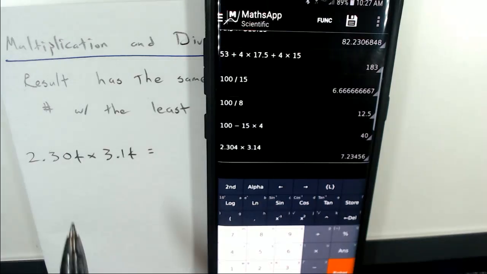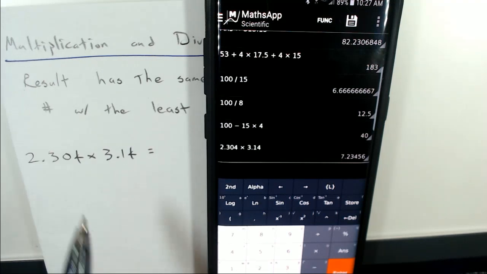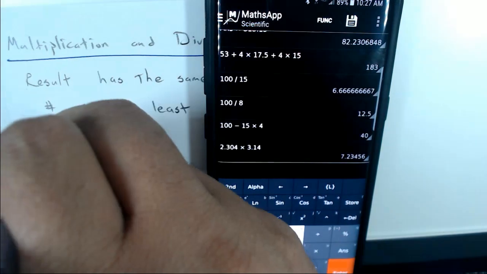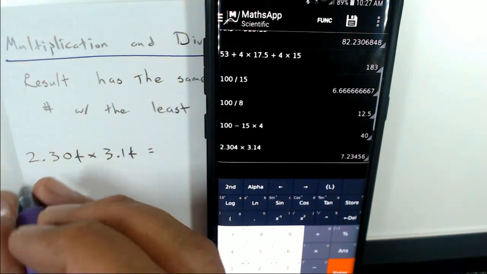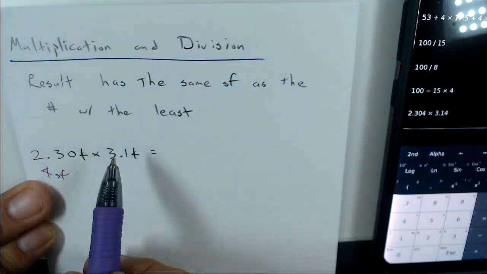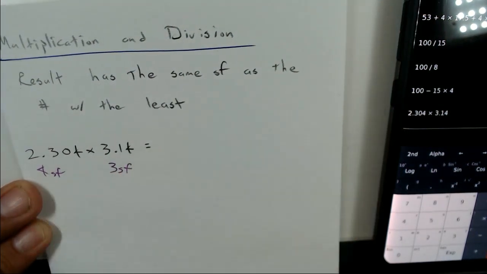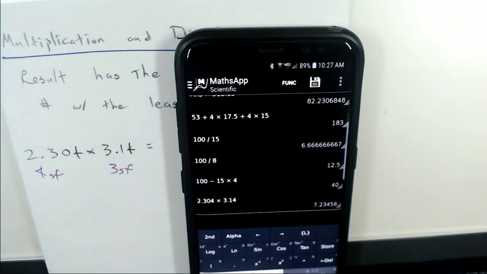So first thing you want to do is identify how many sig figs are in each number. What about this number here? There's 4. So we have 4 SF, and then the next one has 3, right? Yeah. 3 SF. How many digits do you think our answer should have?